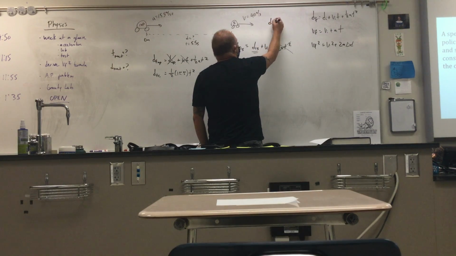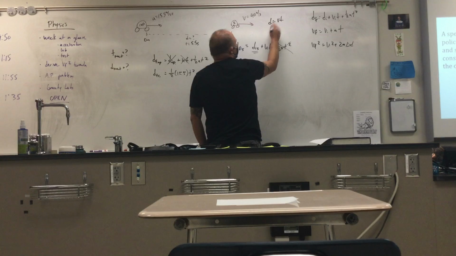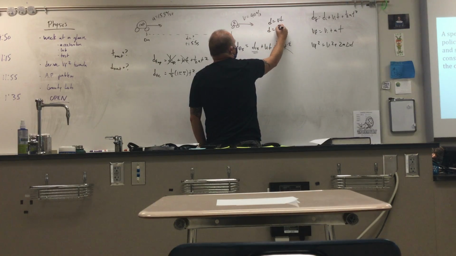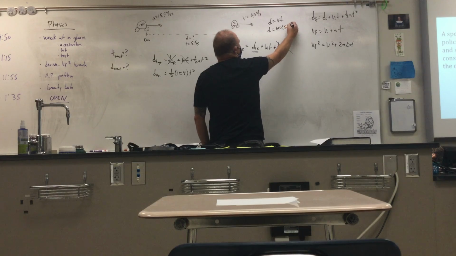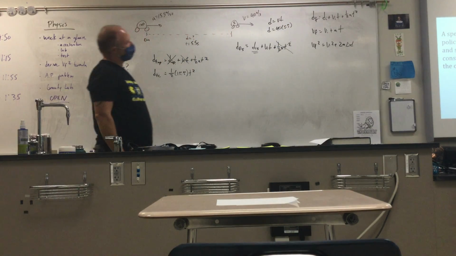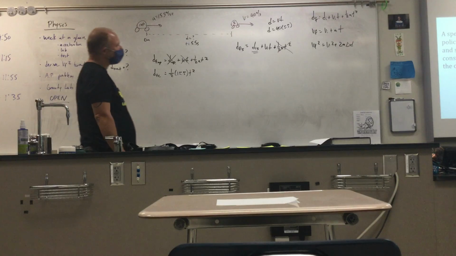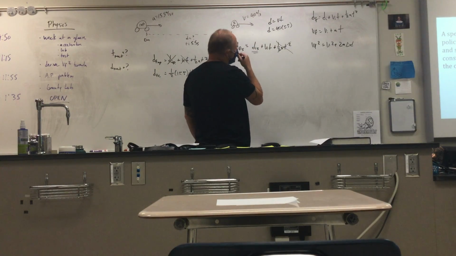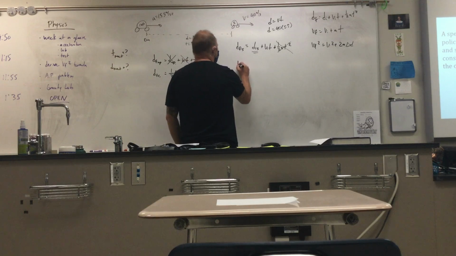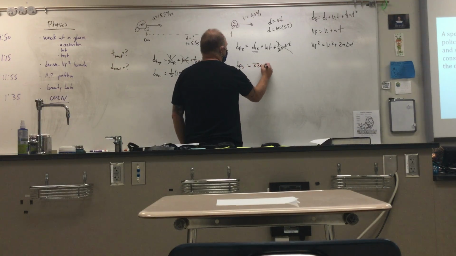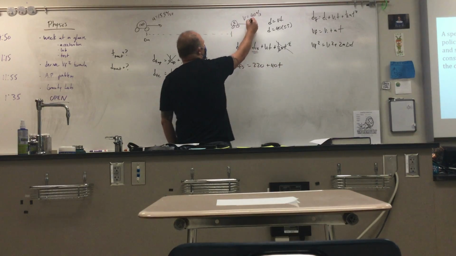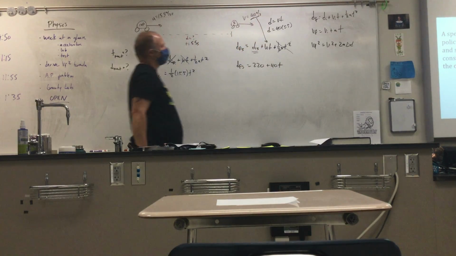Well, for the speeder, they had a velocity of 40 and a 5.5 second head start, so they were able to go down the road, looks like 220 meters. So the position of the speeder is 220 plus 40t. That 40 is the velocity.